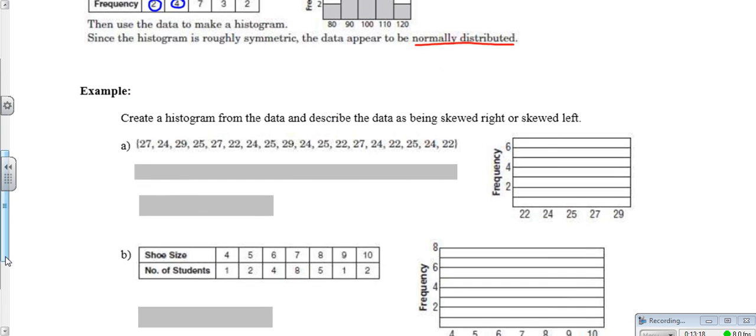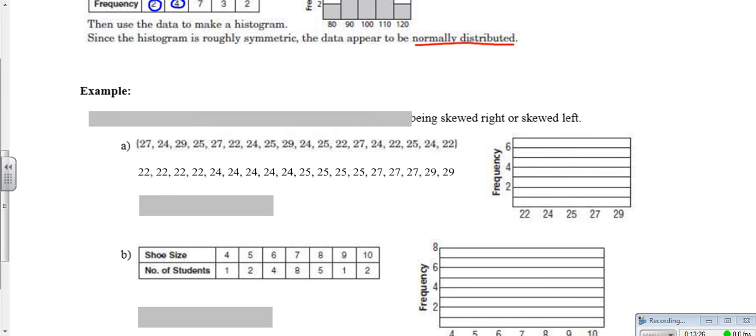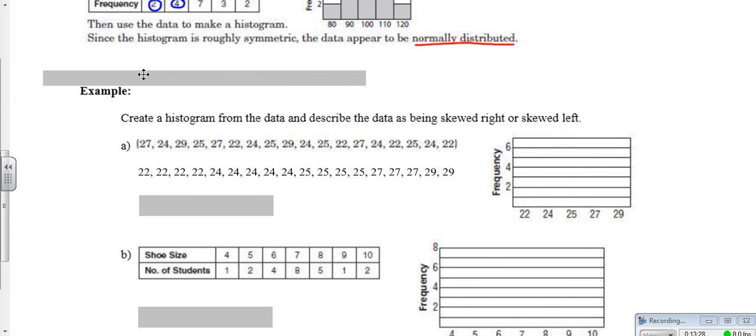Now here's our own example. We have all these numbers listed out, and if you put them in order, they would look like this. A frequency chart would say that 22 shows up 4 times.